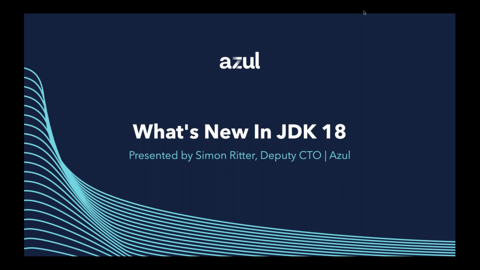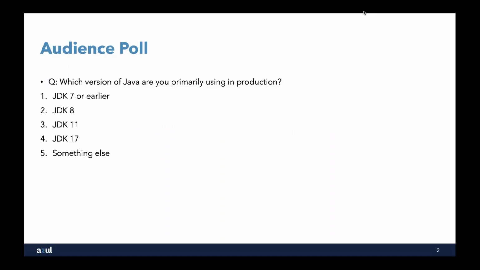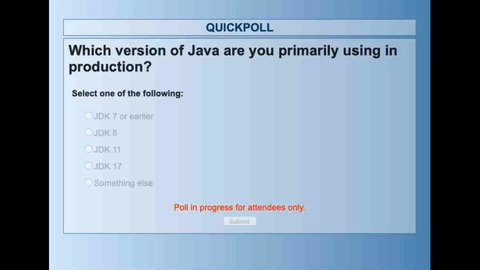Now, what I like to do at the beginning of these type of presentations is to ask you, the audience, a question. So if we can bring up the audience poll. We can see that. Yes, great. So the question is, which version of Java are you primarily using in production? And I've given you 5 possible answers here. The first of those is if you're using the sort of older versions of Java.